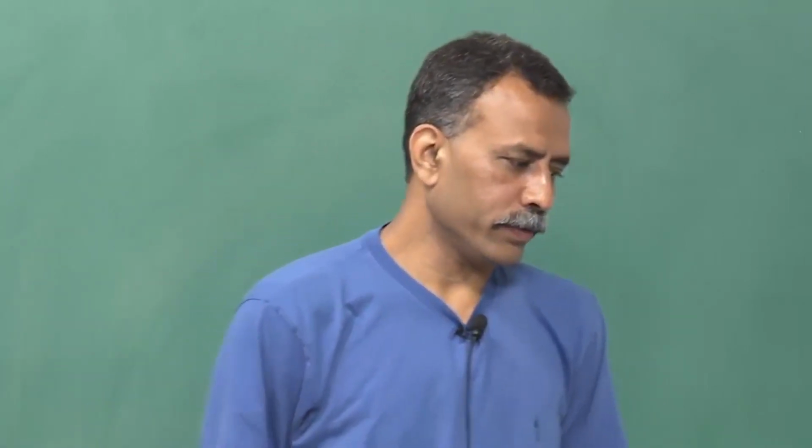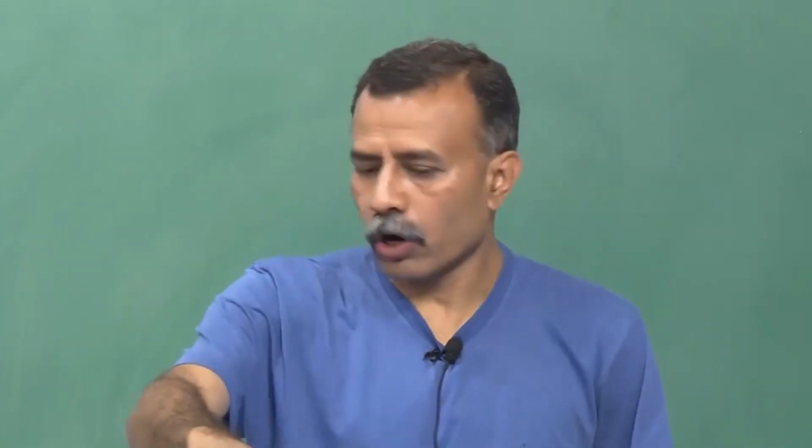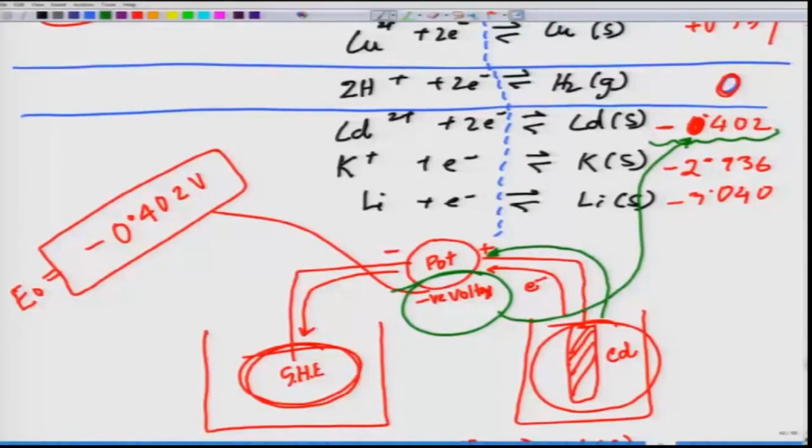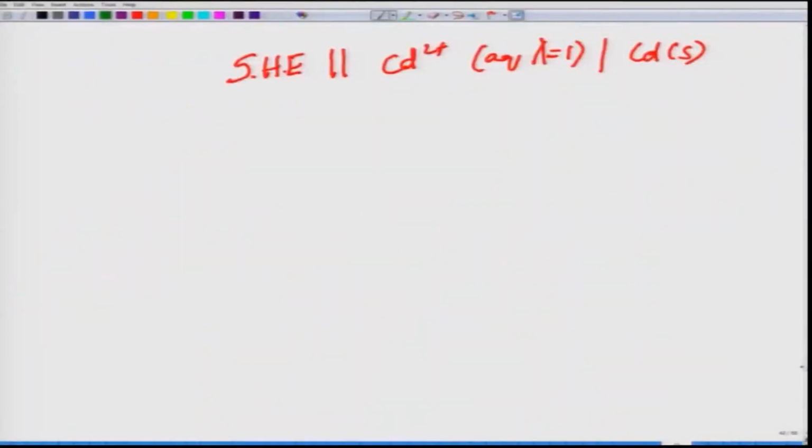So, I believe with this background of understanding standard reduction potential, you will be able to draw your own story. The negative sign means that the electron flows from cadmium to platinum, a direction opposite to that of the other cells.